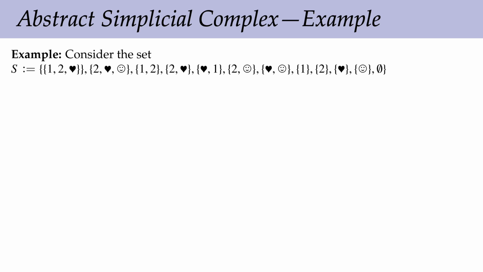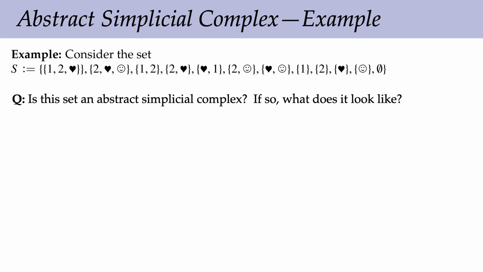Well, there's the set {1, 2, heart}, and {2, heart, smiley}, and {1, 2}, and {2, heart}, and {heart, 1}, and {2, smiley}, and {smiley, heart}, and {1}, {2}, {heart}, {smiley}, and also the empty set. Okay. So, question: is this set an abstract simplicial complex? And if so, what does it look like? Or how are things connected up?